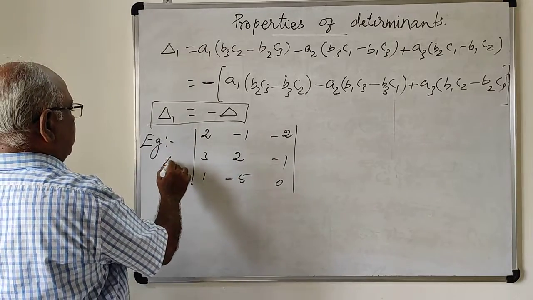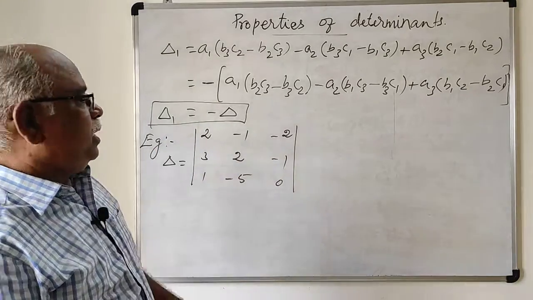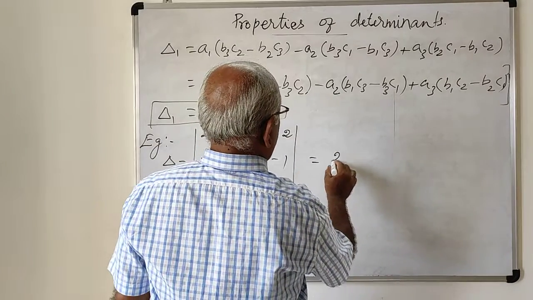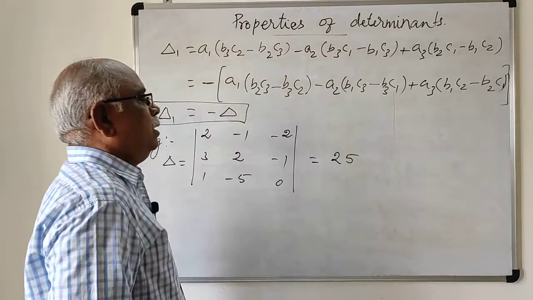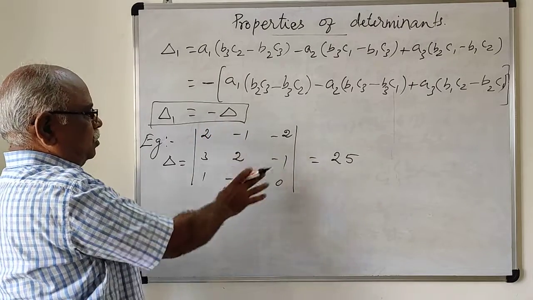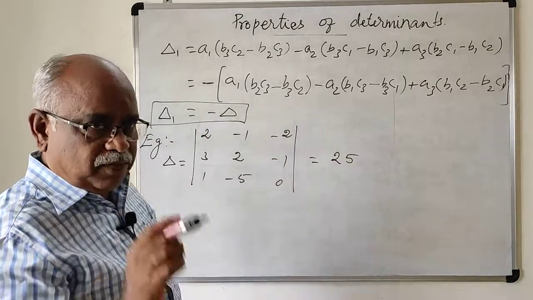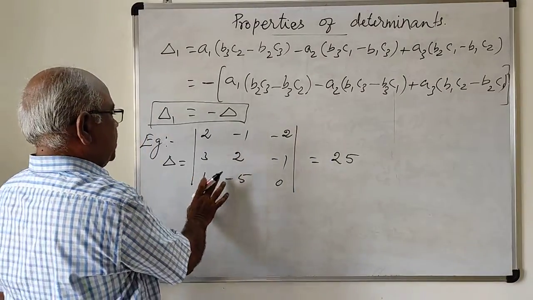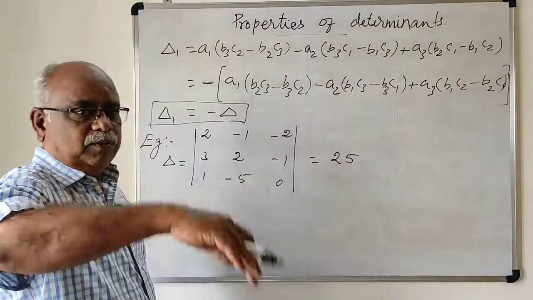This is the determinant delta which we used in the previous property, and we got the value of the determinant as 25. After interchanging all rows and columns by the first property, the determinant value remains unchanged, which is also 25.